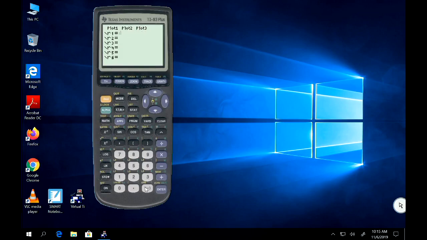All right, so clear that out. We're going to do 3 square root cosine 2 theta. All right, then go down, do the same thing.